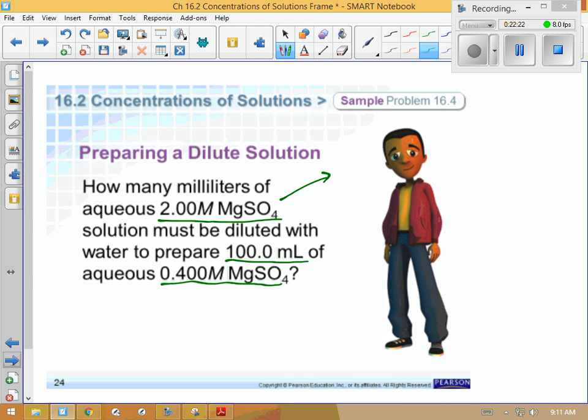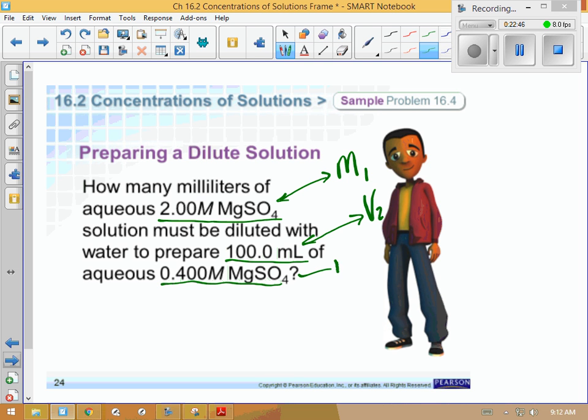Which one is that? Molarity 1. They gave us that. What is this one right here? Volume 1 or volume 2? She's trying to prepare a 100 milliliter solution. That's volume 2. Because they're asking how many milliliters must you start with, okay?